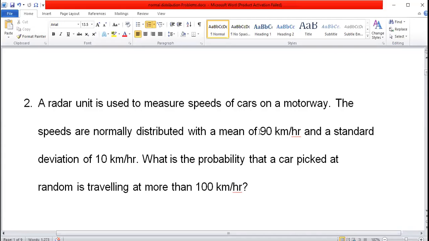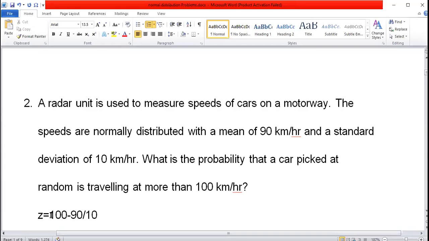Hello? The question? Yes, Professor. The mean is 90, mu is 90, standard deviation is 10. Simple. And what is the value you are looking at? Greater than 100. So what do you get? 100 minus 90 divided by 10 equals 1.